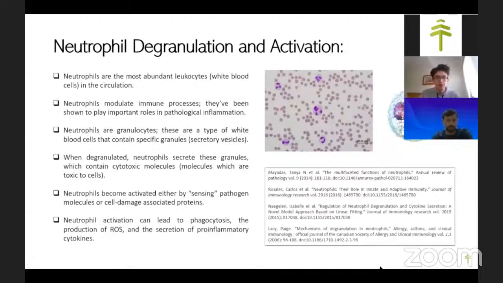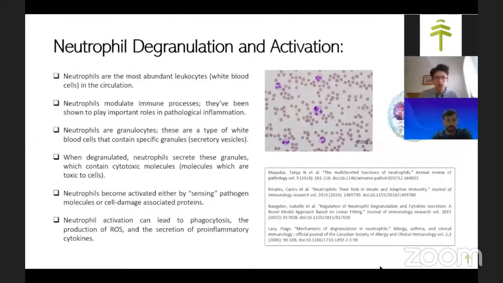They modulate immune processes, and they've been shown to play important roles in pathological inflammation. And they are granulocytes, which means that they are a type of white blood cells that contain specific granules, which are vesicles that contain cytotoxic molecules as well as pro-inflammatory cytokines.